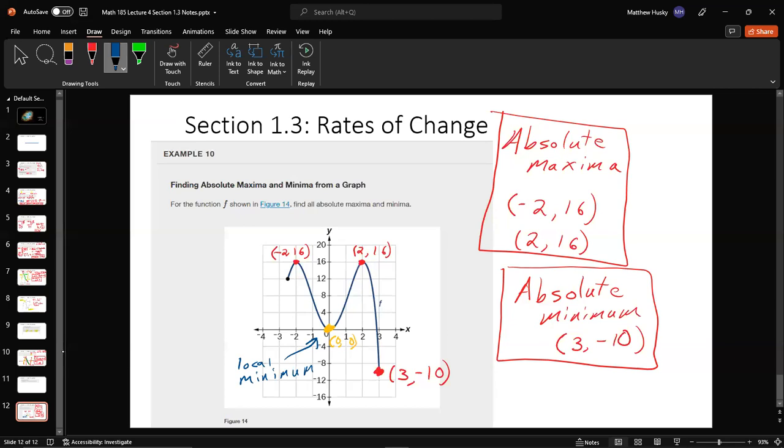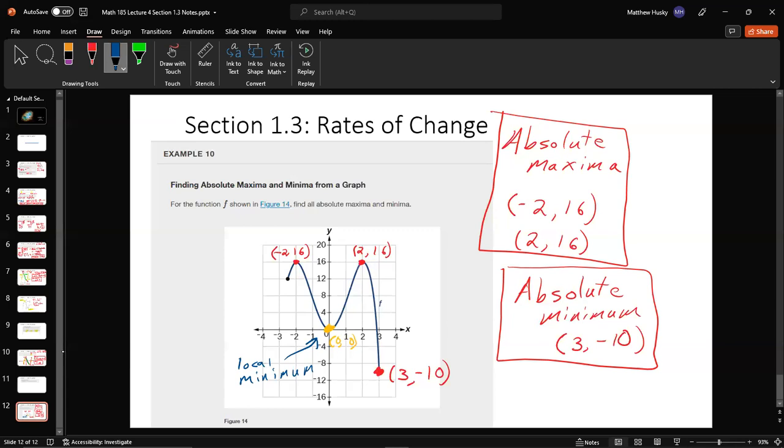And one thing to bear in mind, yes, it is possible to have an absolute min or max on the very end, on the very edge of a fixed interval. But that is the distinction between how an absolute min or max is different than a local min or max.